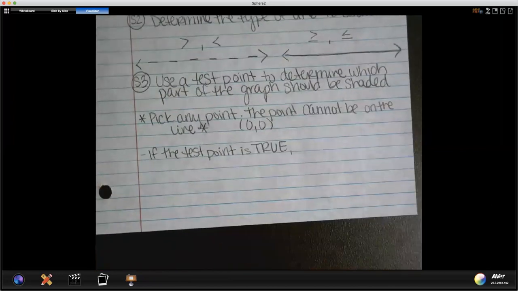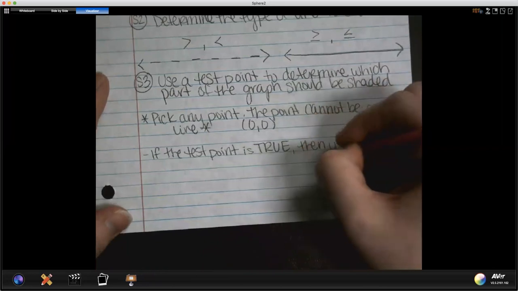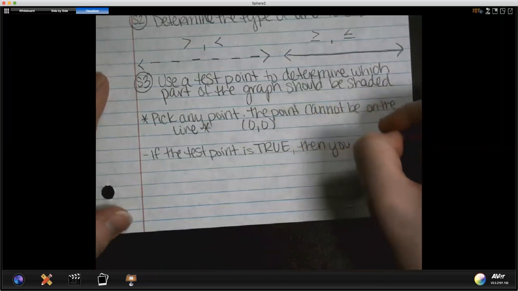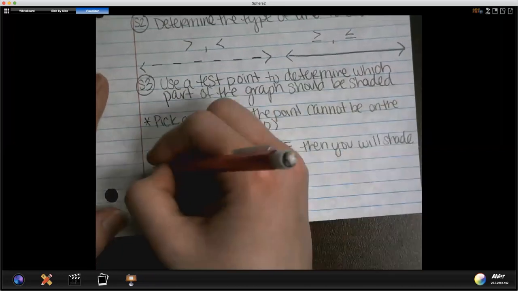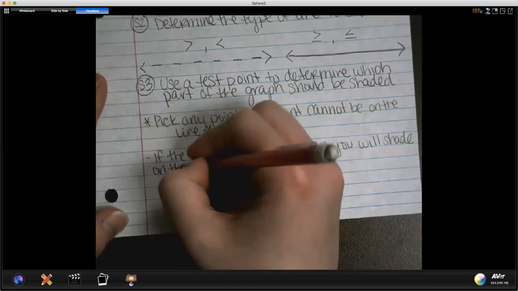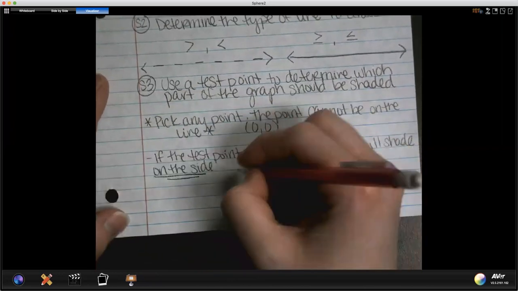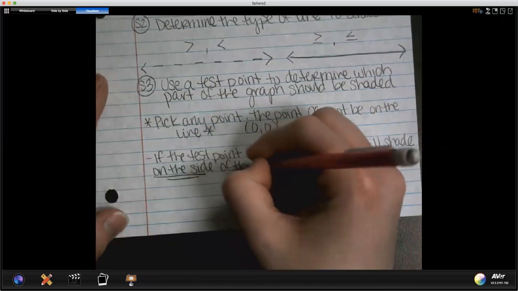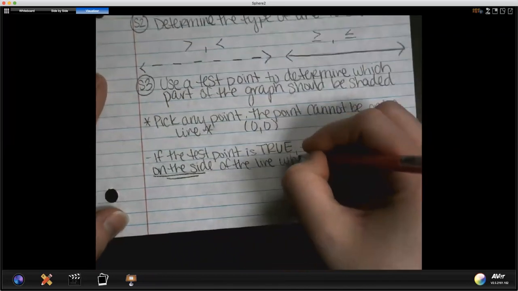If the test point ends up being true, once we substitute, and I'll show you how to do that in a sec, then you will shade on the side of the line where the test point is.